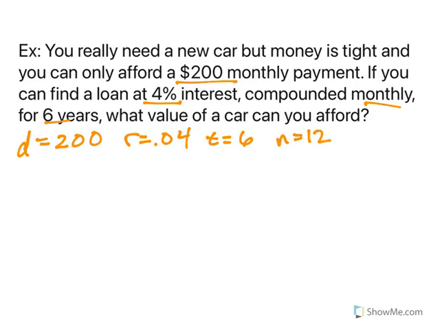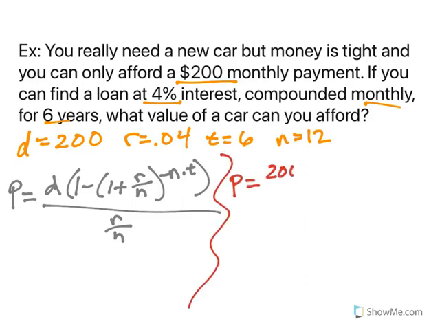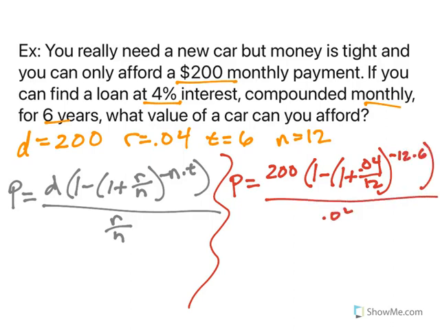So let's go ahead and plug them into our formula. P equals D times 1 minus 1 plus R over N raised to the negative N times T power, all over R over N. So P equals 200 times 1 minus 1 plus 0.04 over 12 raised to the negative 12 times 6 power, all over 0.04 divided by 12.